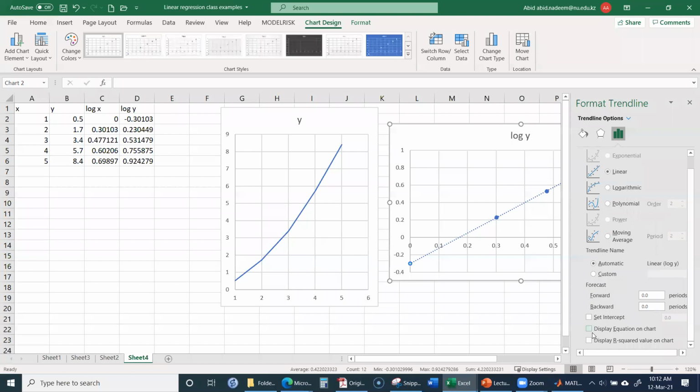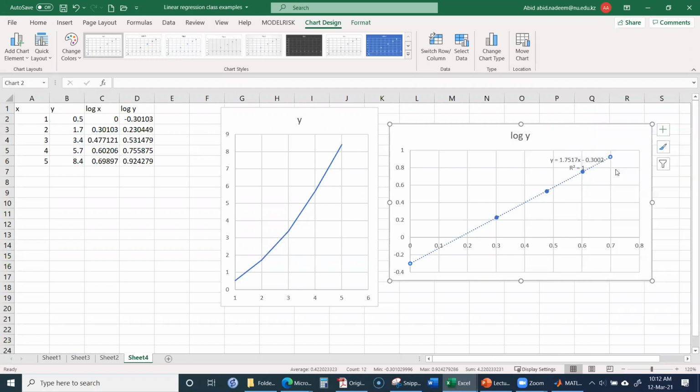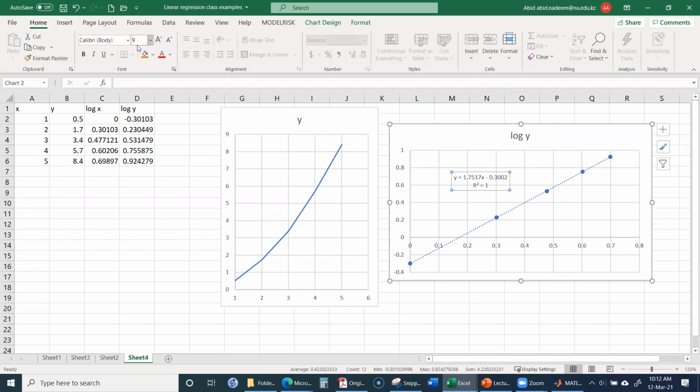And then we can show its equation and r square over here. Okay, so this is the trend line and its equation. Okay, so its r square is almost equal to 1, and then the slope was 1.75 and the intercept minus 0.3002.